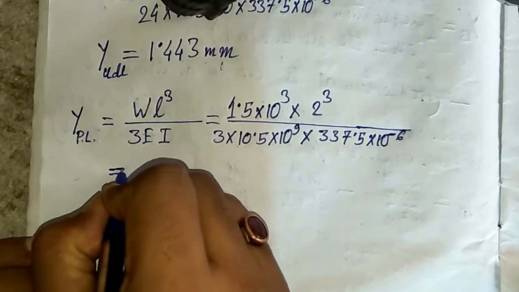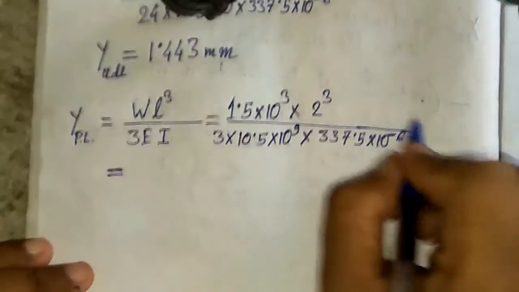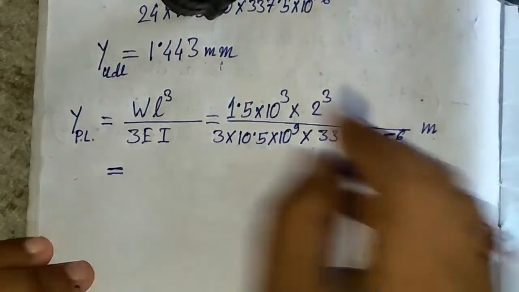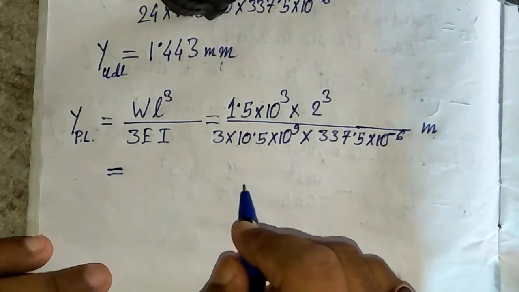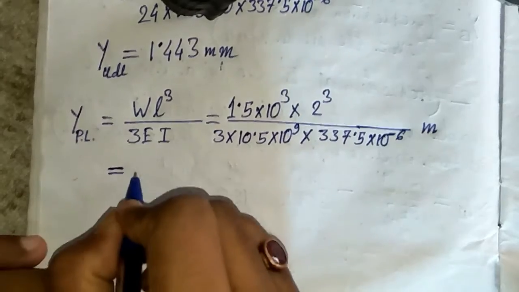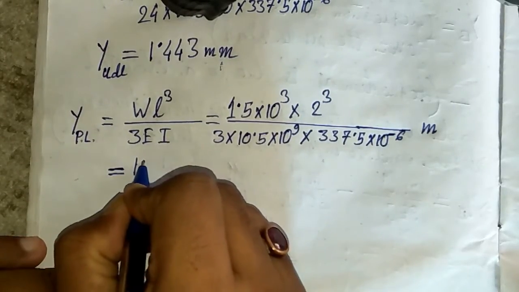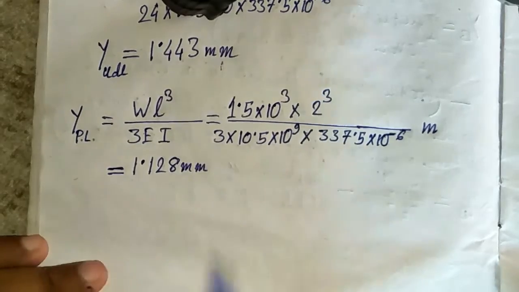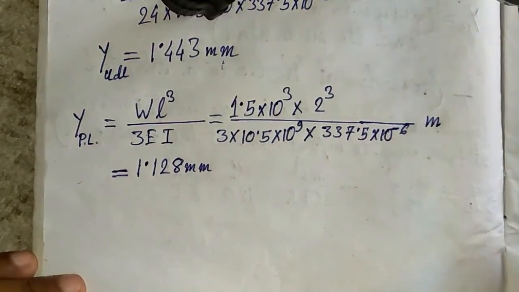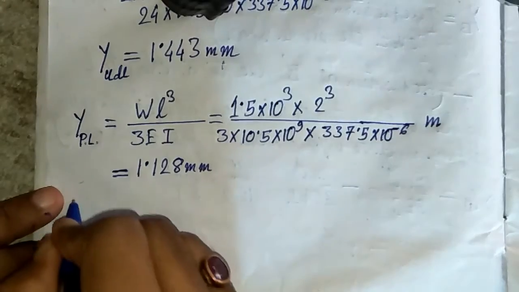This value is in meter, so I am going to convert it into millimeter. So that becomes 1.128 millimeter.